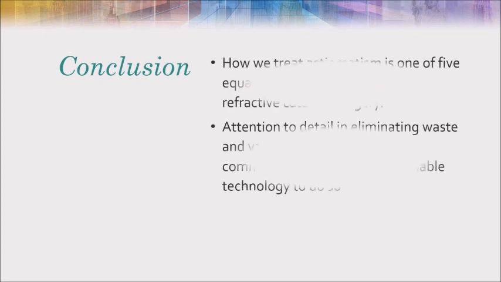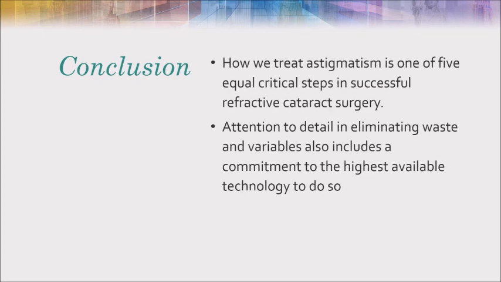In conclusion, how we treat astigmatism is one of 5 critical equal steps in being successful with refractive cataract surgery, and we must have attention to detail in eliminating wastes and variables, and that does include a commitment to the highest available technology to do so. And in that way, you can be the enemy of good. Thank you.